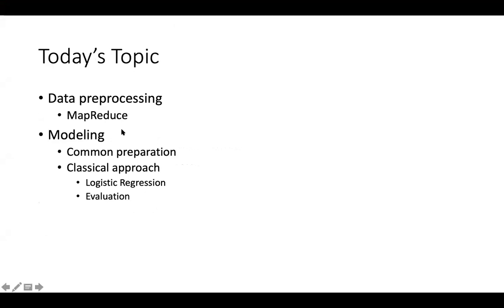So today's topic is data pre-processing using MapReduce, and then the modeling part. Whether you use a classical approach or RNN, CNN, or transformer, you still need one common preparation. So we're going to talk about that first, and after that, we're going to talk about logistic regression.